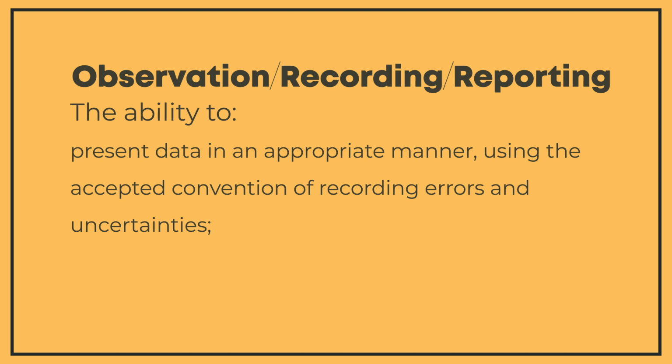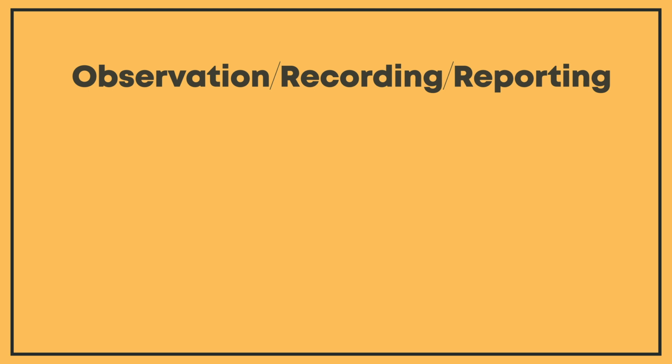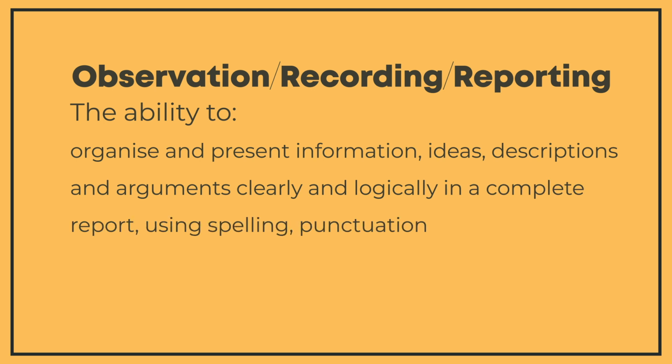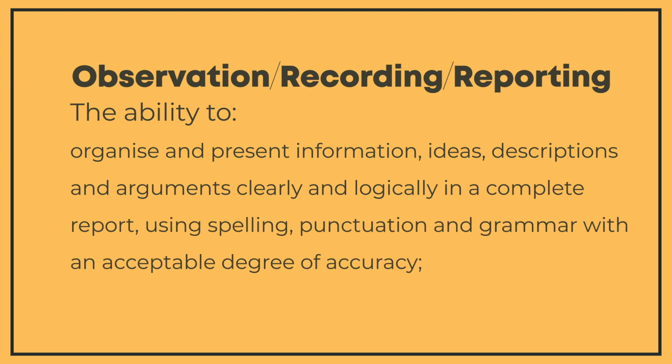You need to make sure as well that your ideas are explained thoroughly with a degree of accuracy, and your errors shouldn't be so much. It must be at an acceptable degree. So your punctuation, your grammar, your spelling, all of those things need to be on point.